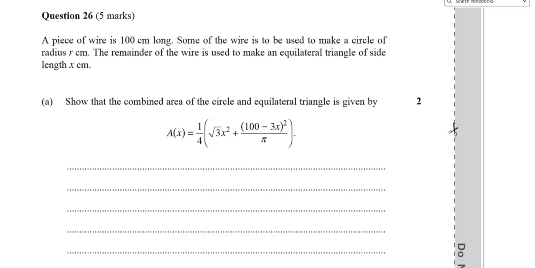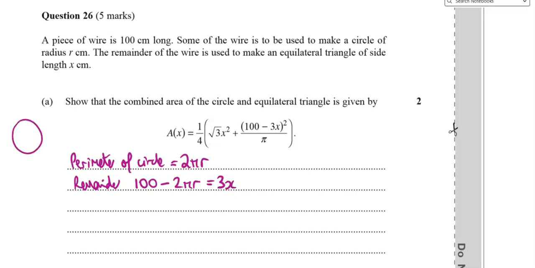Okay, so notice that that expression for area doesn't involve r at all, so we already know that we're going to need to eliminate r. So let's think what we do know. We know that the perimeter of the circle is 2 pi r, and we know that the remainder, which is available for the triangle, is 100 minus 2 pi r, and that equals 3x, because we have a circle with radius r and we have an equilateral triangle of side x.